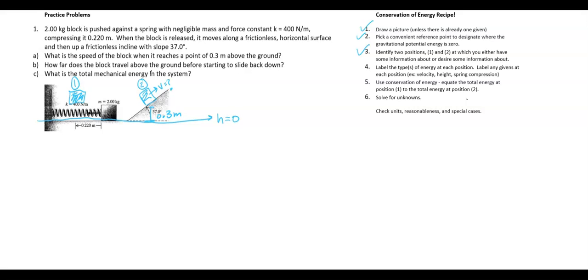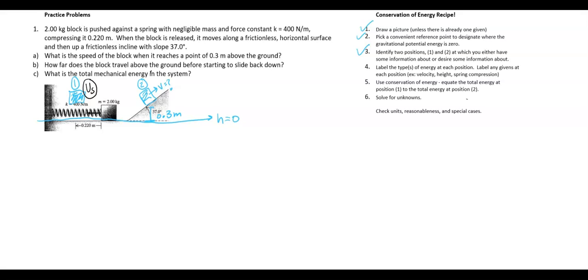At the first position, the object is touching a spring, and that spring is compressed, so it definitely has spring potential energy here. It's released from rest, so there's no kinetic energy. And the height at the first point is 0, just ground level, so no gravitational potential.